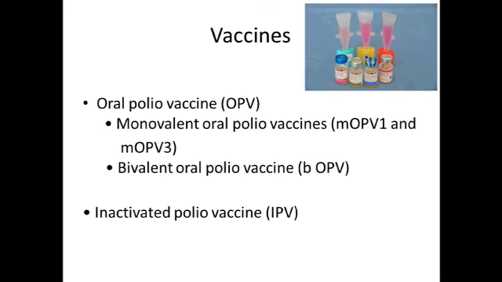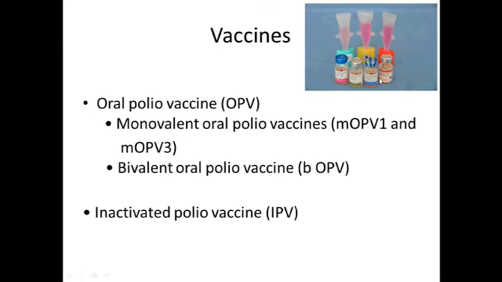As we can see, monovalent oral polio vaccines, which cover the serotypes 1 and 3 of the wild polio virus, which has been attenuated, which means it has been maintaining its antigenicity but has lost its virulence and pathogenicity, but available as two separate vaccines. So that's why they are labeled as monovalent, containing one serotype. And the other one is bivalent oral polio vaccine, which contains a combination of both oral polio vaccine 1 and 3. So the one which is commonly used in practice is the bivalent oral polio vaccine.